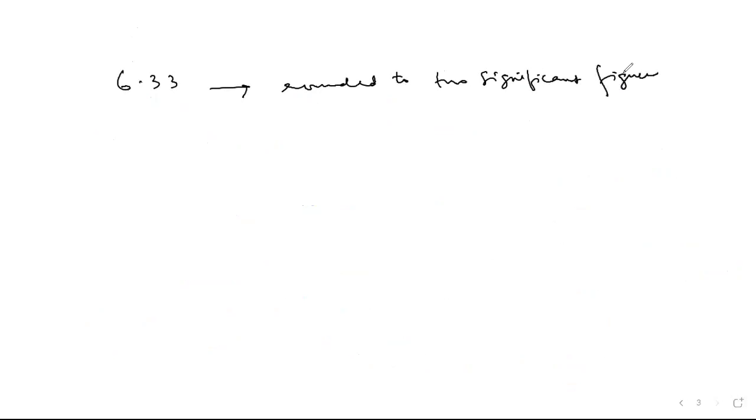Similarly, if I have a value of 6.33, it would be rounded to two significant figures as 6.3 because the number which we are going to drop is less than 5, so we round down.